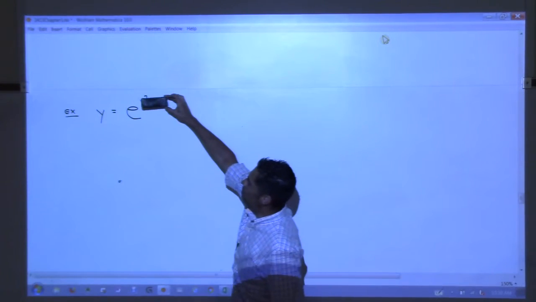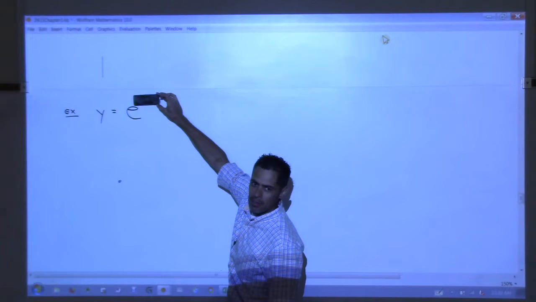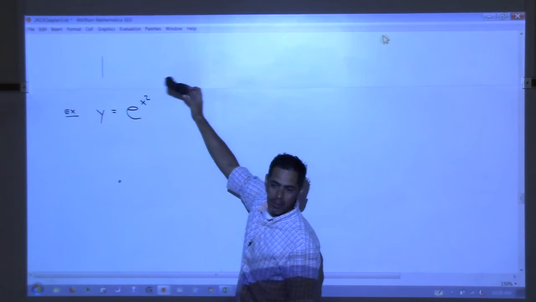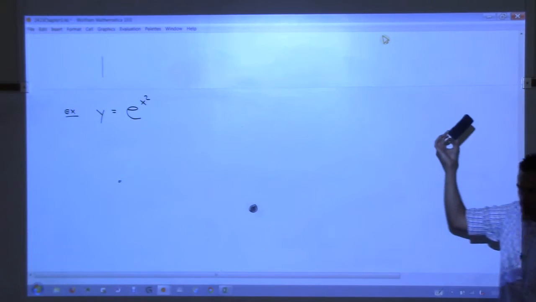If it helps, I'll put my eraser up here. Think about what the derivative of e to my eraser is first, and then uncover the eraser and go do the rest. So I'll give you about 10, 15 more seconds, see what you come up with.